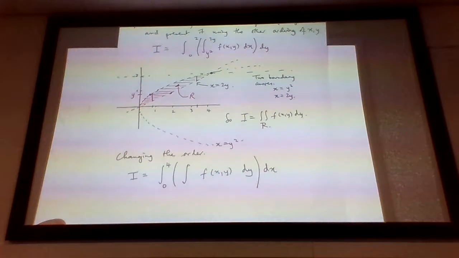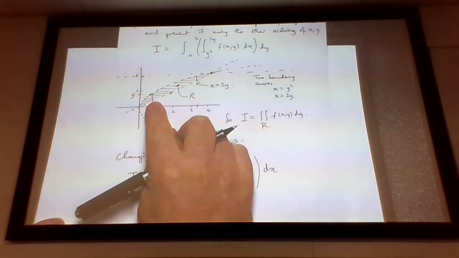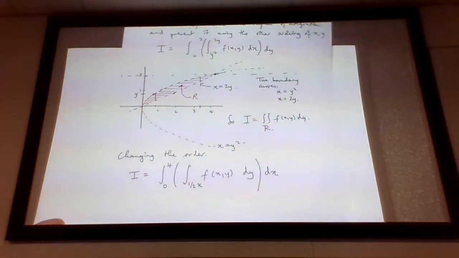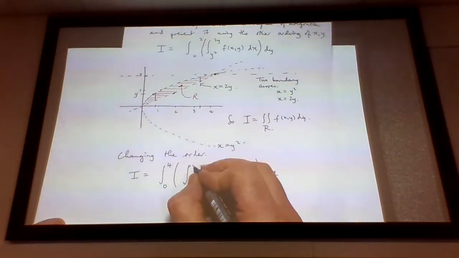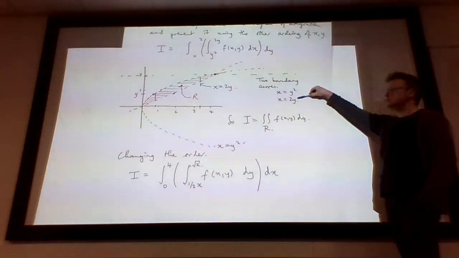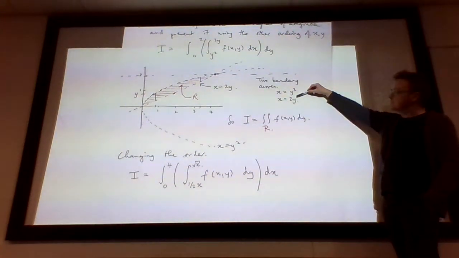So for a given x value, the lower limit for y, which is on this straight line here, is a half of x. And the upper limit is going to be the square root of x. So these expressions come from the two boundary curves, but this time re-expressing them, making x the subject of them.